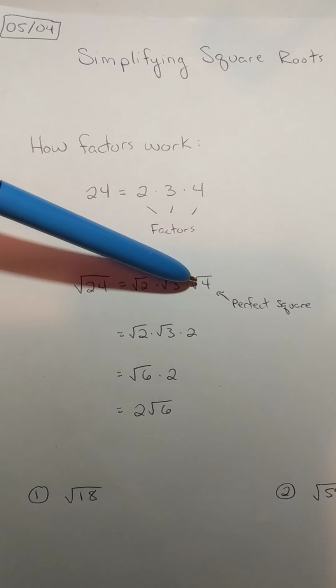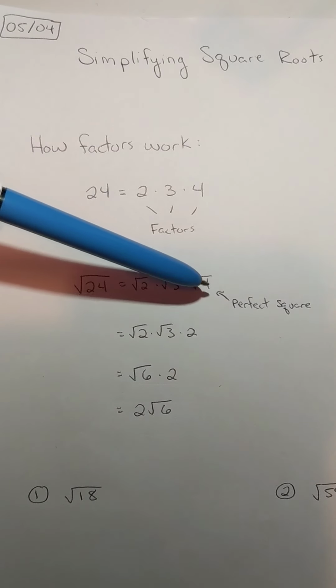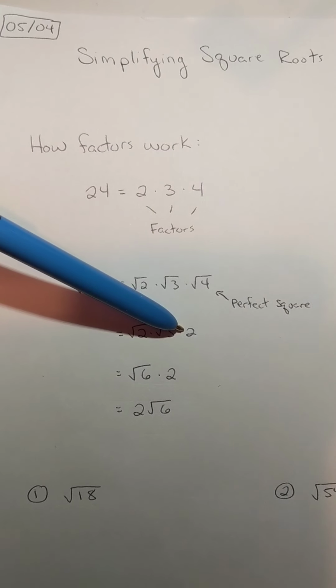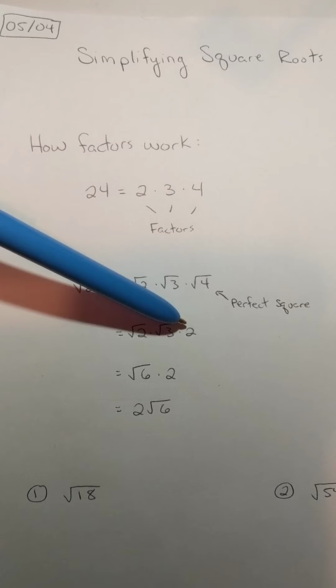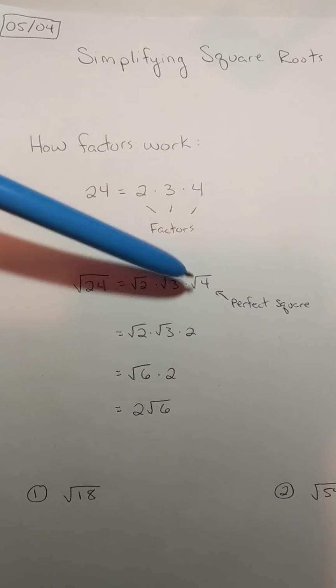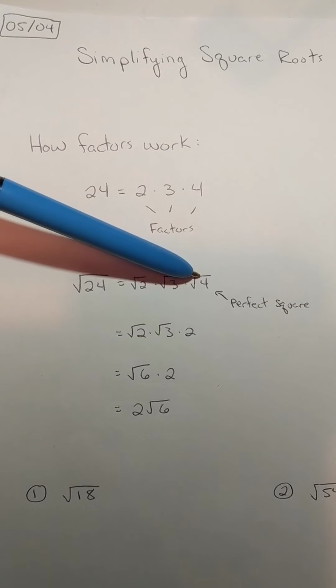And what I notice is that this square root of 4 is a perfect square. So that means that this square root of 4 becomes a 2, because the square root of 4 is 2. These are synonymous. They are the same thing. So I rewrite to the square root of 2 times the square root of 3 times 2.